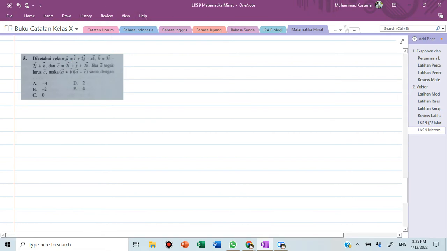Okay, given that a is equal to (1, 2, -x), and if vector a is perpendicular with vector c, then vector a plus vector b dot, this dot is not written in the question but it is the same thing, vector a minus vector c is equal to what?